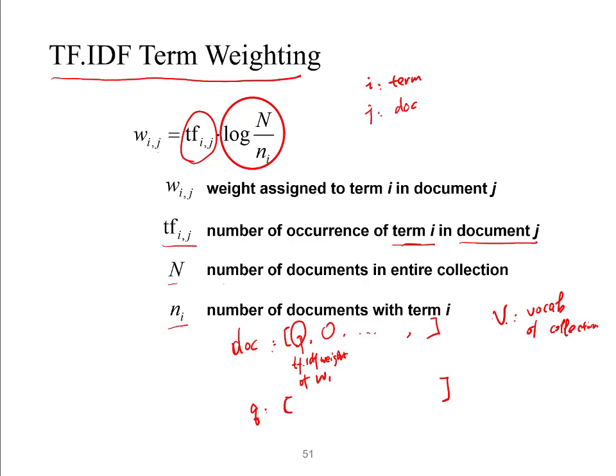If the document does not contain a particular term, it will assign a 0 to that element. We do the same for the query, and we use the inner product of document and query as the similarity.